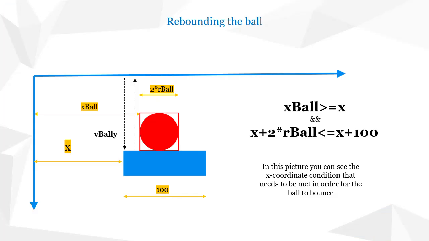In this picture you can see the x-coordinate condition that needs to be met in order for the ball to bounce.